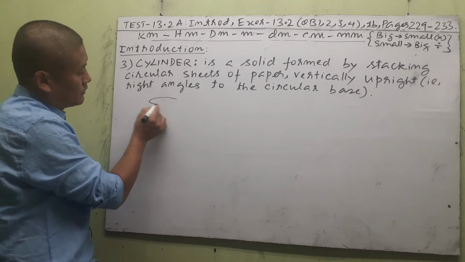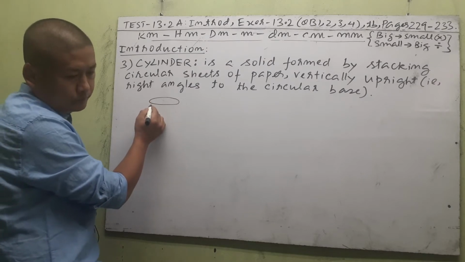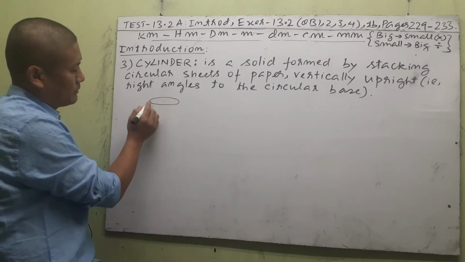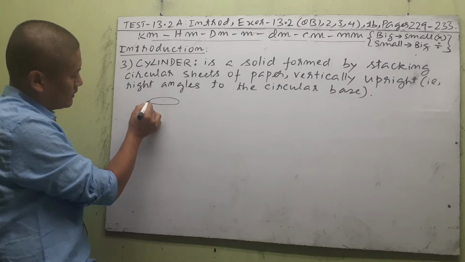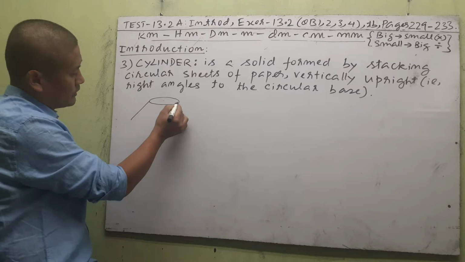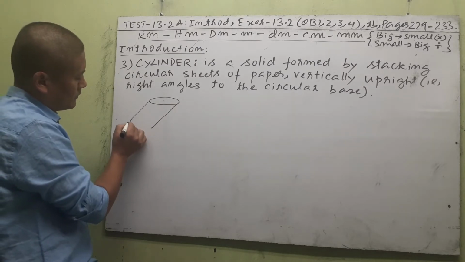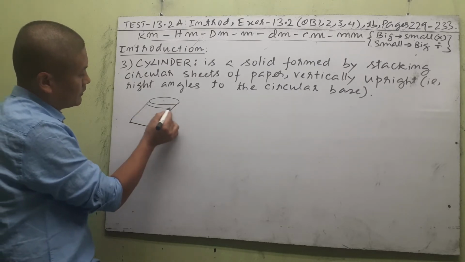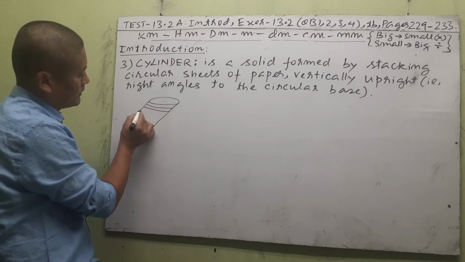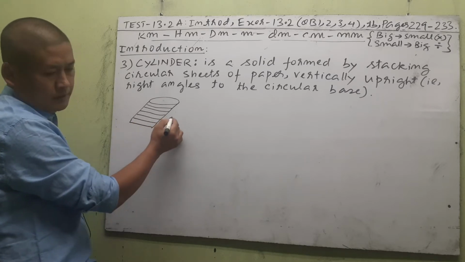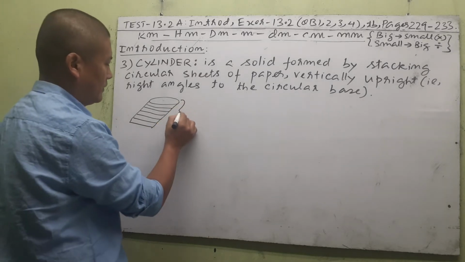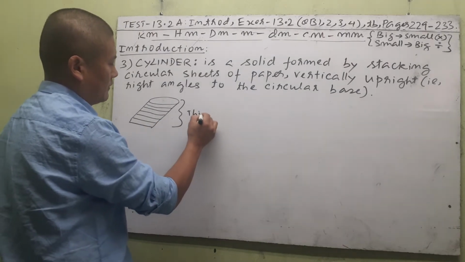So if you put sheets of thick paper like this in a manner that is twisting, so that the first sheet and second sheet are not vertical but twisted like this, this is not a right circular cylinder.